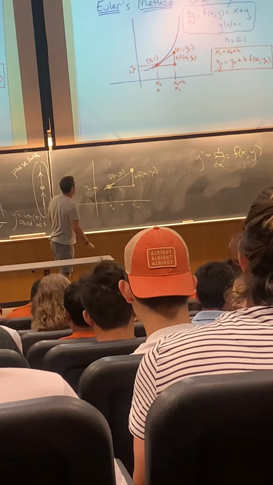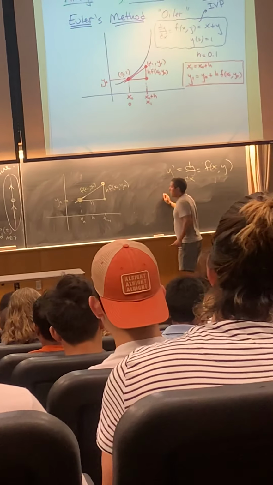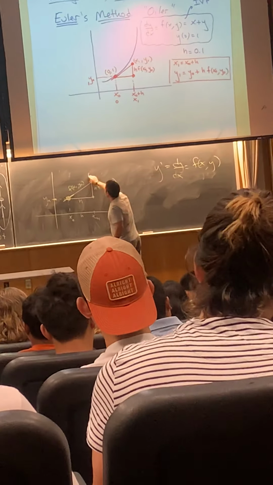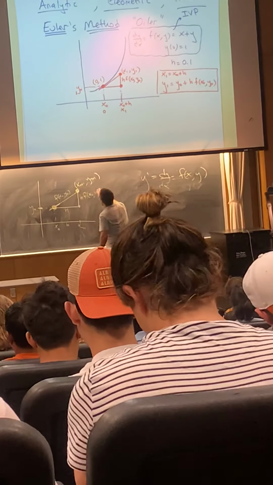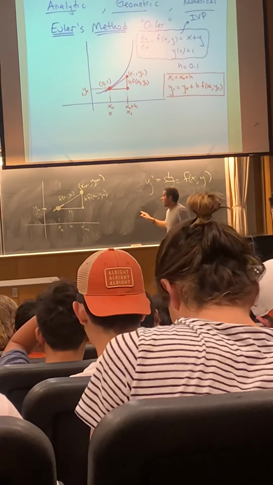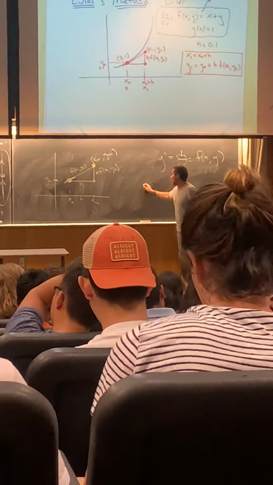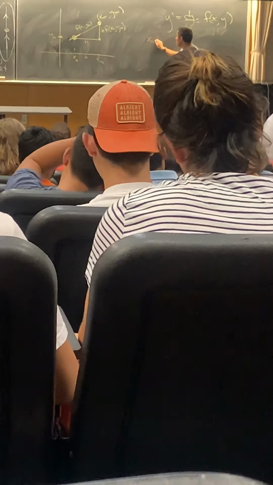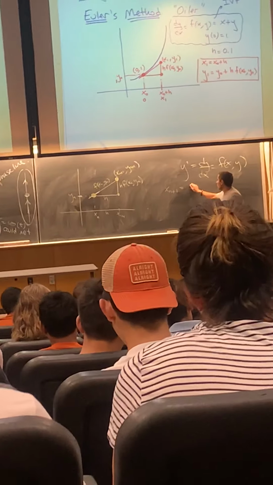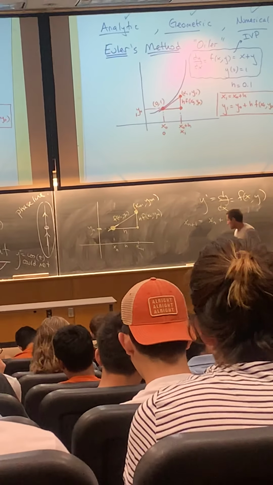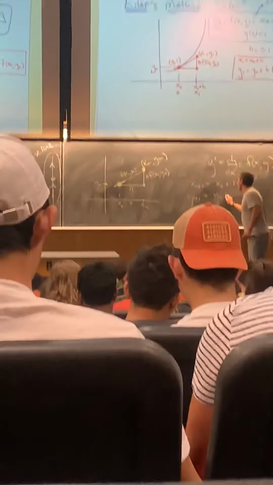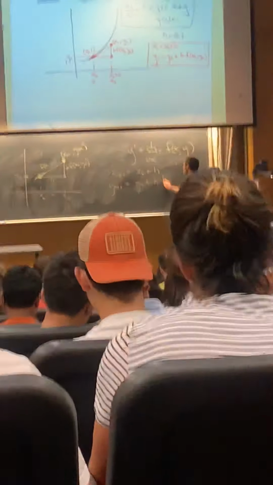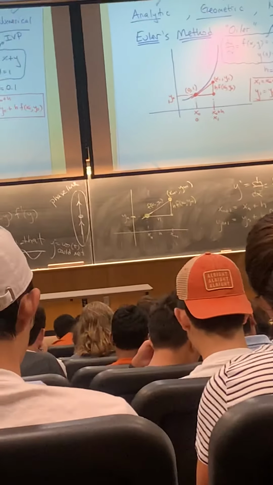So I have all the formulas right now to get my new ordered pair, xn plus 1, yn plus 1. The formulas that I will program on a computer would be xn plus 1 equal to xn plus h, and yn plus 1 equal to yn plus h times f of xn, yn.